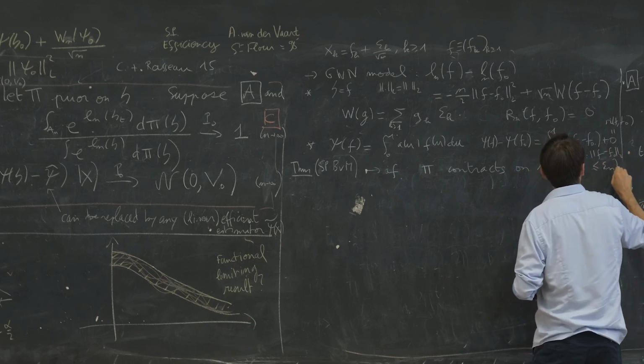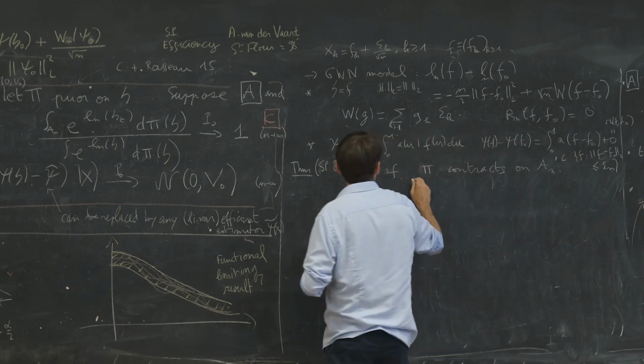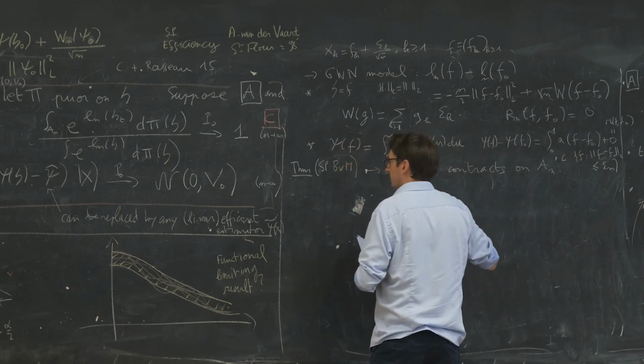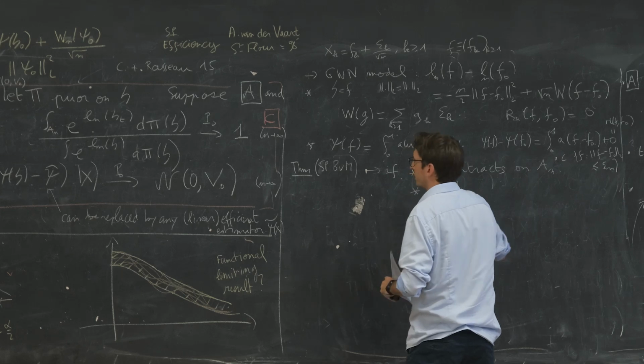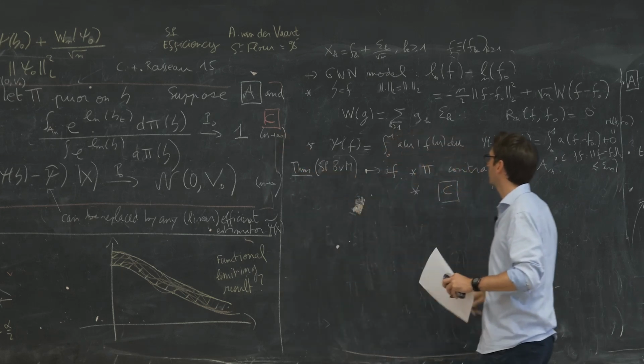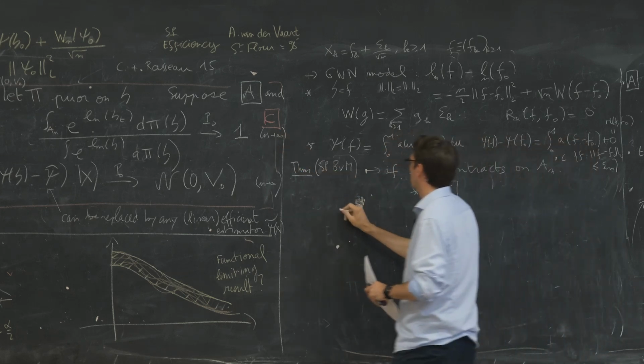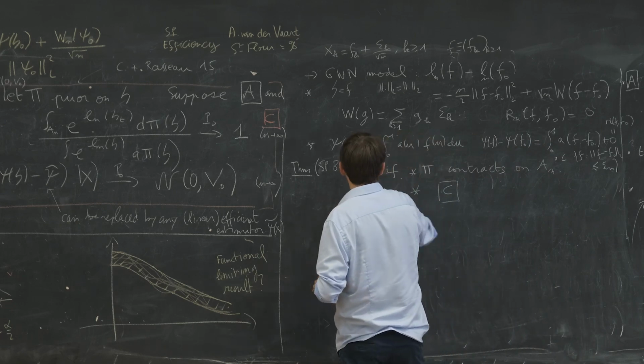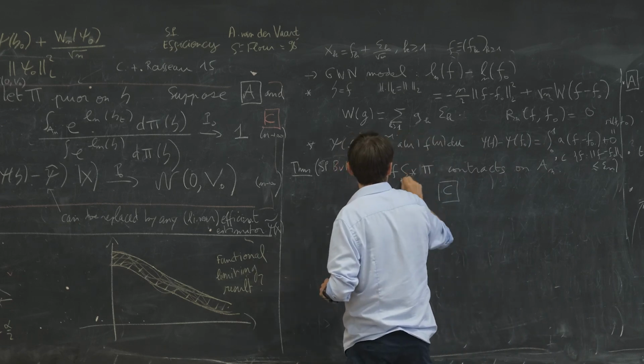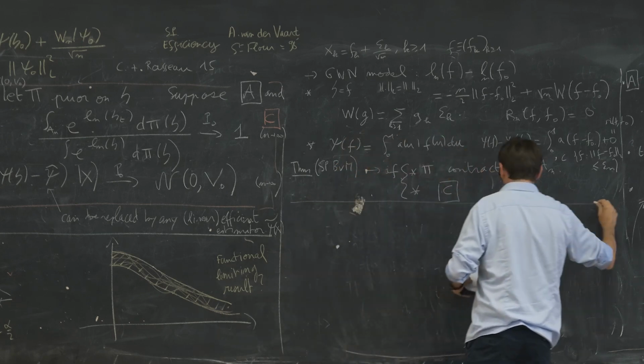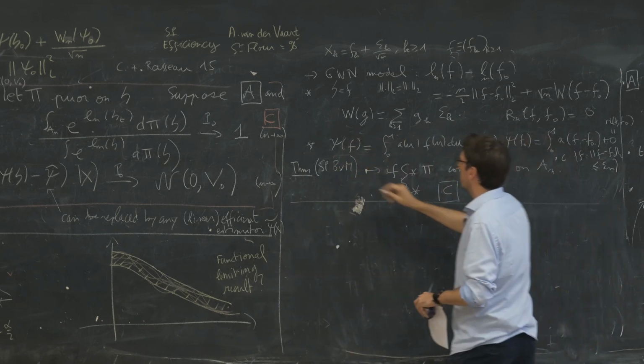Here it's nice because it's really the L2 norm. If you have this and the change of variable condition, which I call condition C, then the semi-parametric BvM holds. So you only need to verify these two conditions. Here it's very nice.